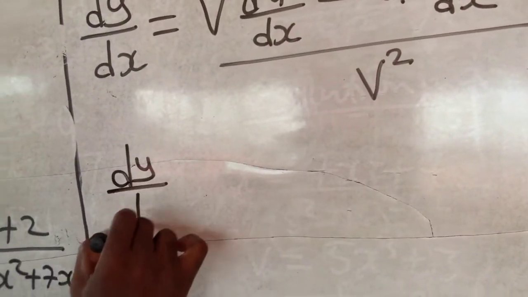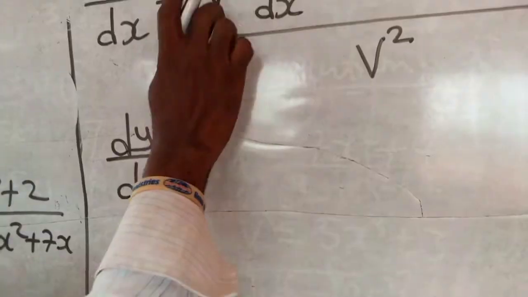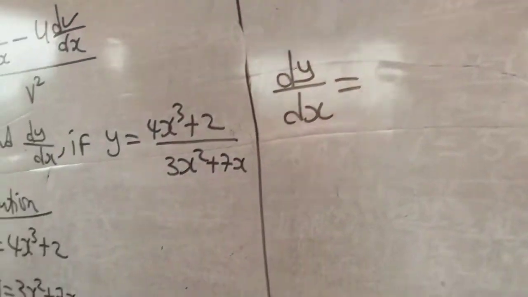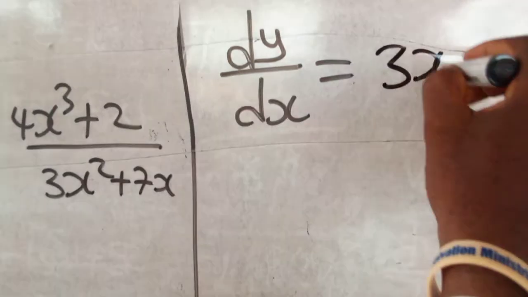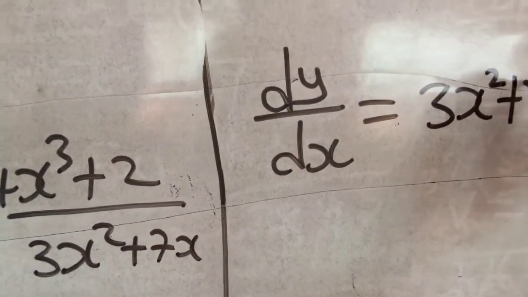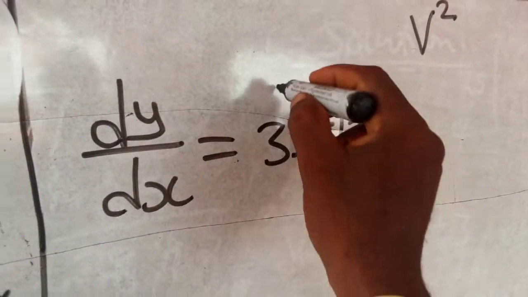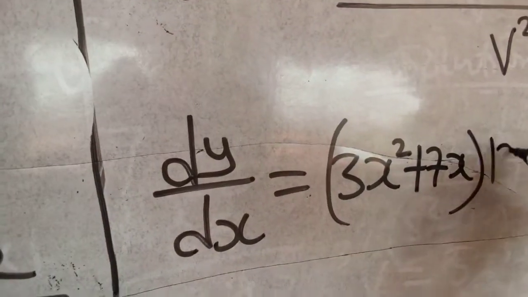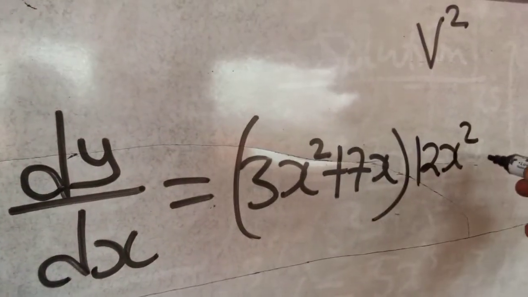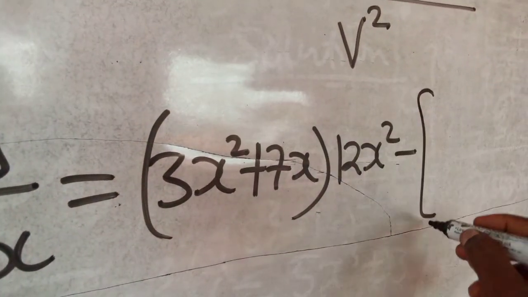So you have that dy over ds will be, any place you see v, you write this one. So it's going to give us 3s squared plus 7s into du over ds, which is 12s squared.